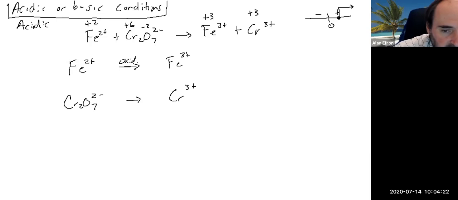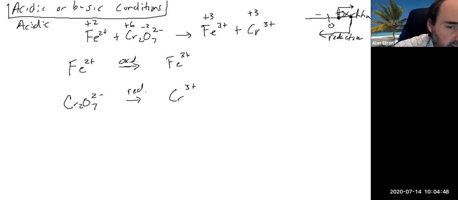Again, if you're not sure what's happening, you can see that the +6 would be down in this region, and it's heading down this way to our +3 in that direction, which means it's going through reduction. Again, if you go this way, it's oxidation. So this would be our reduction half reaction.